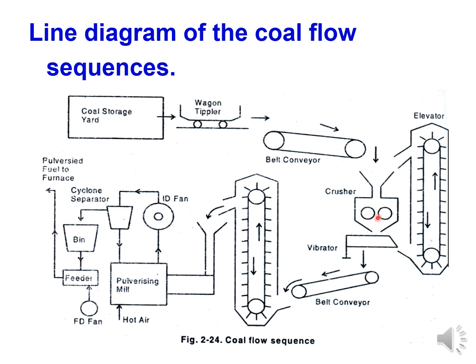Here it is going to crush, and the vibrator will take the fine particles in this fashion, and the large particles are again picked up by the bucket elevator, come back again, and be crushed. After crushing everything to the required size, it comes to this belt conveyor, and it is lifted with the help of bucket conveyor again.